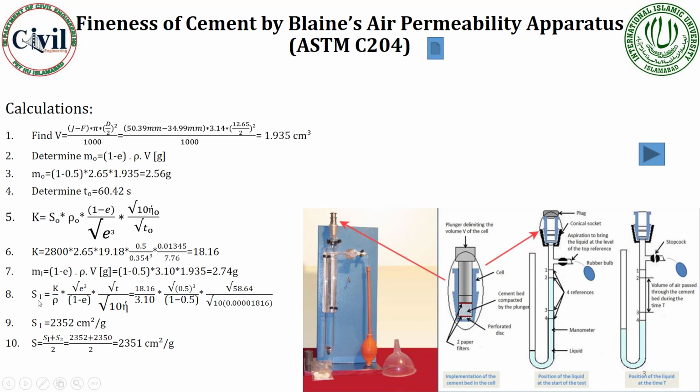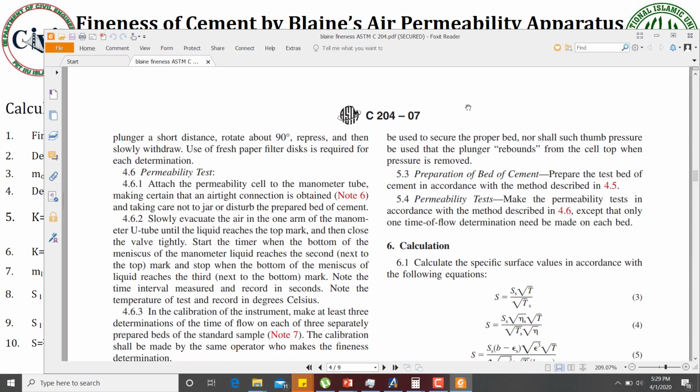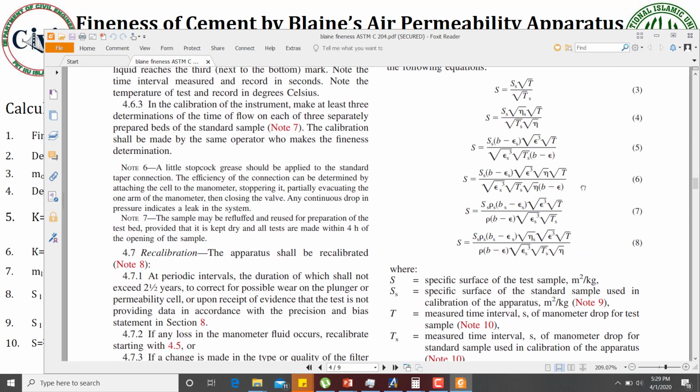You can see that this S1 formula used for the calculation of cement contains K and the whole formula used. In ASTM 204, we have a formula to calculate the specific surface area of a cement.